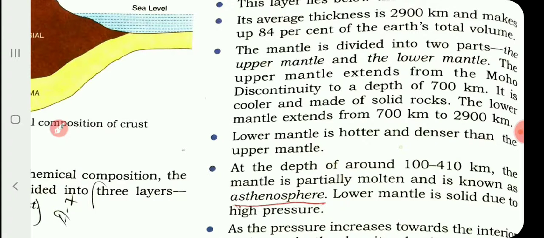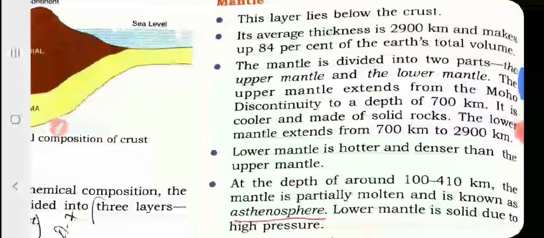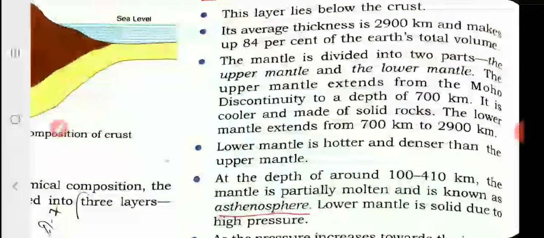That is the mantle, and this mantle is divided into two parts, upper mantle and lower mantle. Just after the crust comes the upper mantle. Clear, no? The upper mantle extends from the Moho discontinuity to a depth of 700 km only.